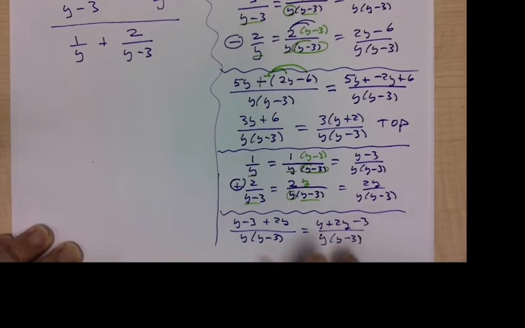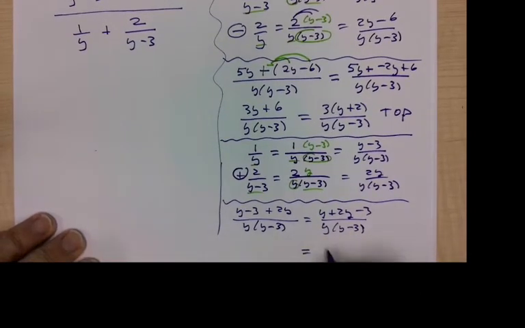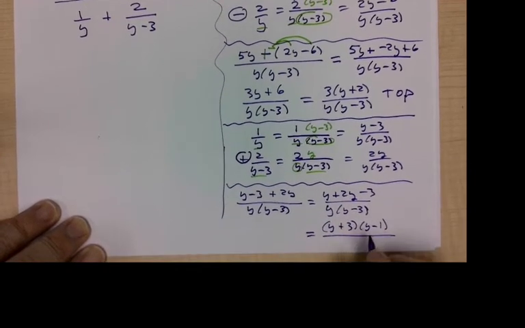And that actually can be factored. That is y plus 3 times y minus 1 over y times y minus 3. And that's the bottom.